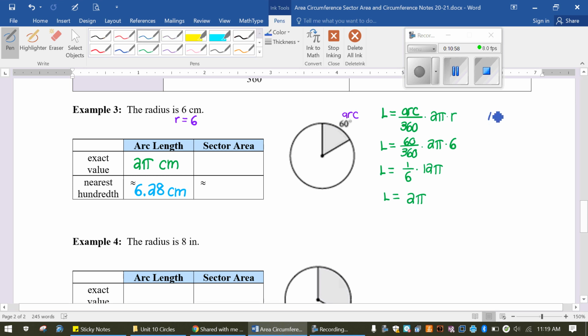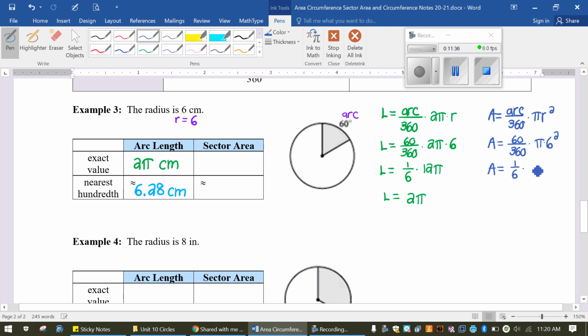The sector area is taking that same arc over 360, and this time you're multiplying by pi r squared. So 60 over 360 again, and then pi, my radius is 6, and I'm squaring it. You don't need to enter this into your calculator again. 60 over 360, we already found out was 1/6.